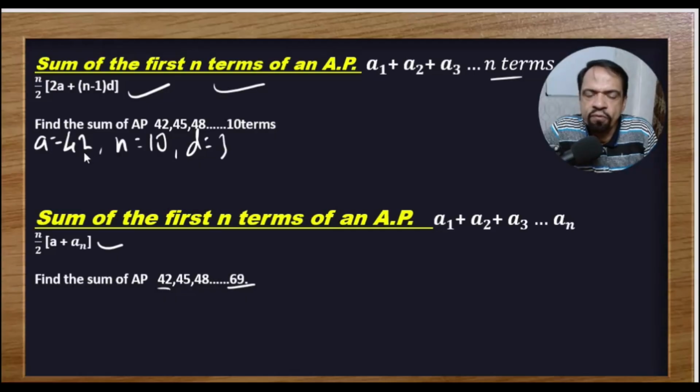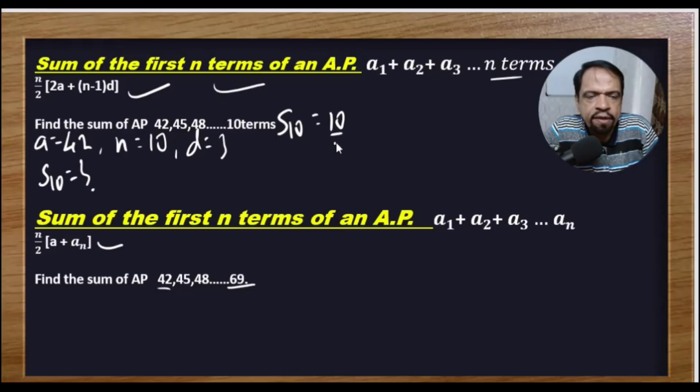a is the first term, 42, n is 10, and the common difference 3 is given. We need to find the sum of 10 terms, that means S10. Using this formula, I am writing directly: S10 is equal to 10 by 2, 2a means 2 into 42, plus n minus 1 means 10 minus 1, into d.